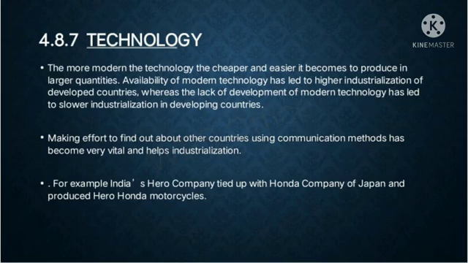Making an effort to find out about other countries using communication methods has become very vital and helps industrialization. For example, India's Hero company tied up with Honda company of Japan and produced the Hero Honda motorcycle.